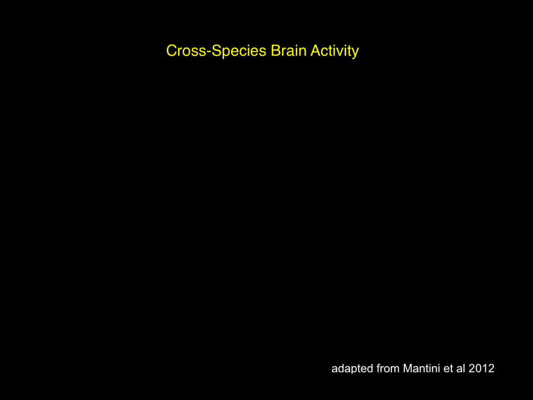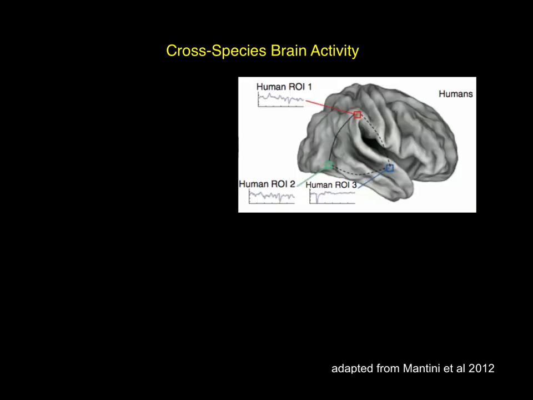We can use these types of techniques, these cross-subjects techniques, to also start to try to understand cross-species brain activity. So this is Mantini and Van Doffel, who ran a study looking at the responses between humans and rhesus macaques watching the same set of movies.